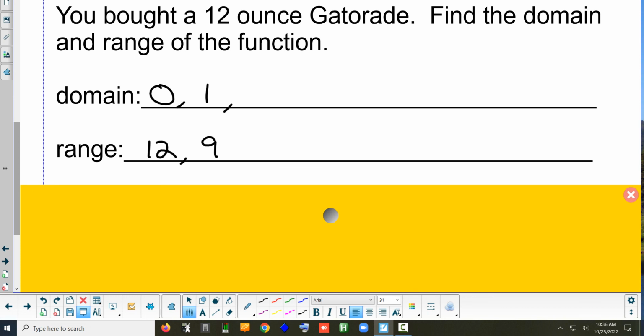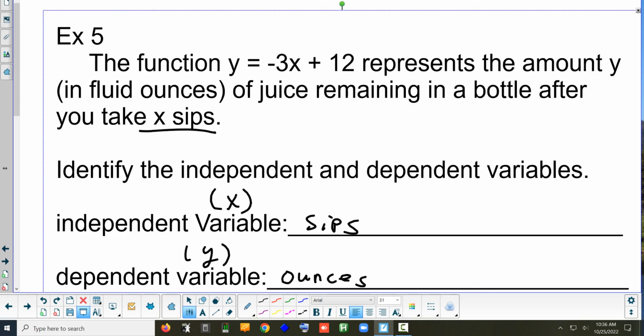What's another number of sips you could take? You could take 2 sips. If you take 2 sips, what's negative 3 times 2? Yeah, negative 6. That's basically how much liquid you've sipped out, negative 6. And what's negative 6 plus 12?